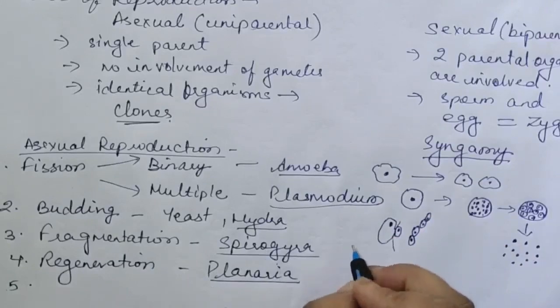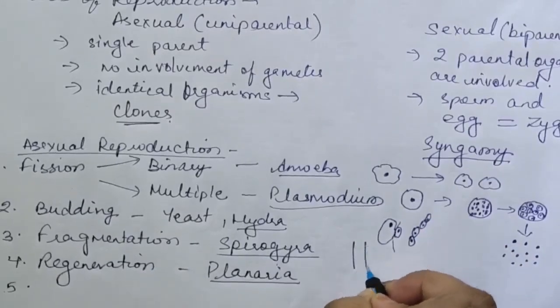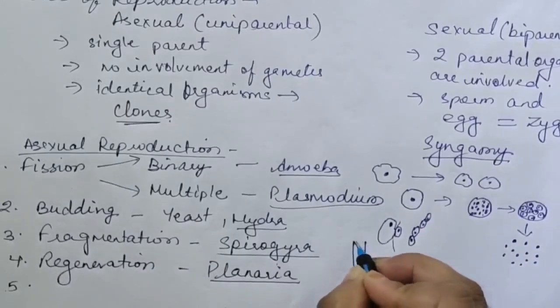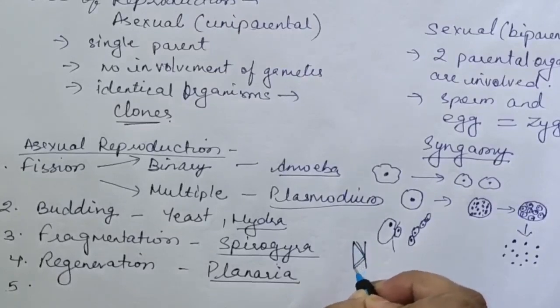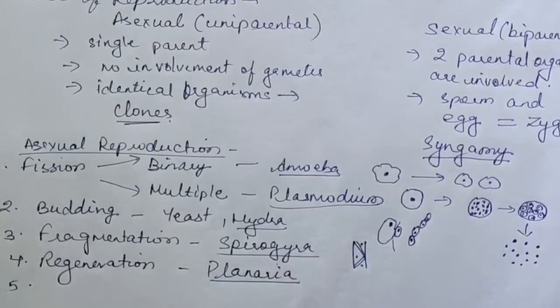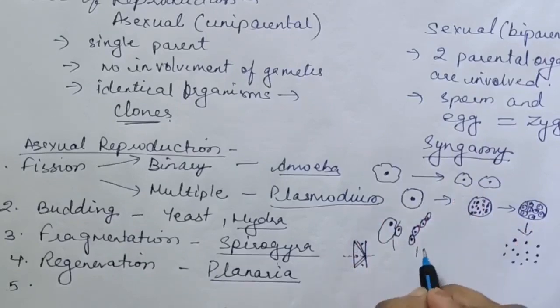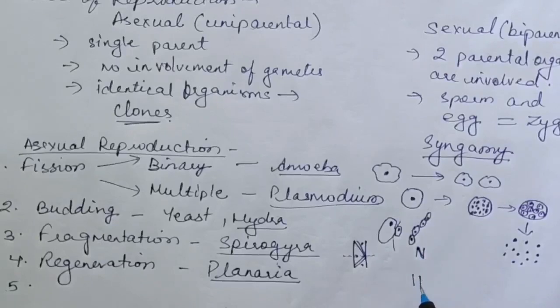Fragmentation in Spirogyra can be studied like this. The Spirogyra has a filamentous body. Okay, this body starts dividing from the septae. Septae part, it splits, okay, and forms two fragments, which later on form its new extended body.